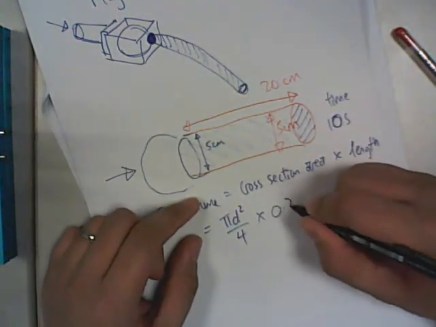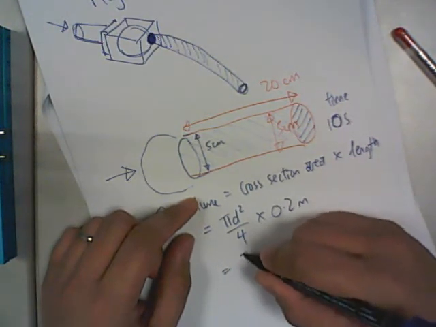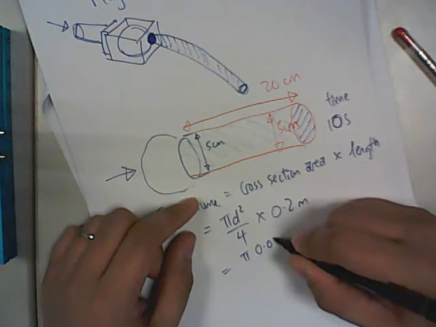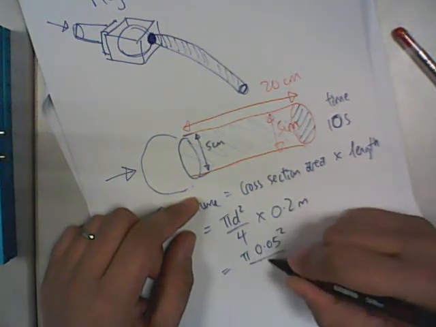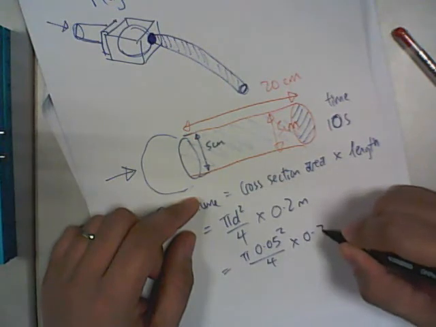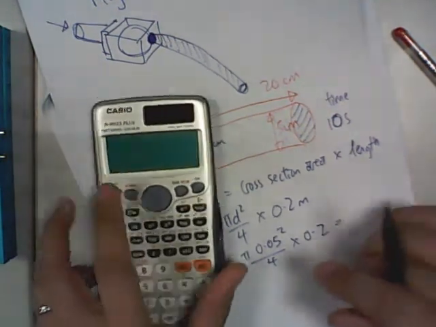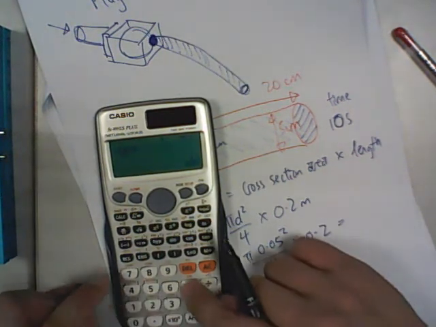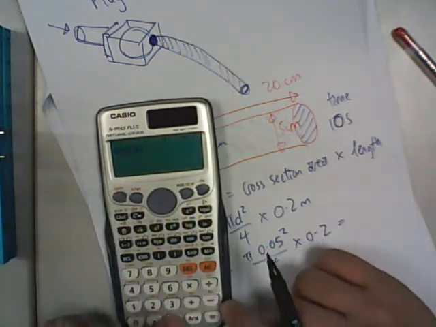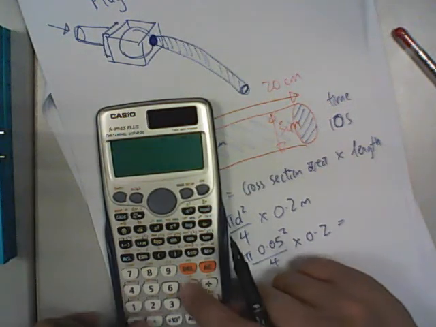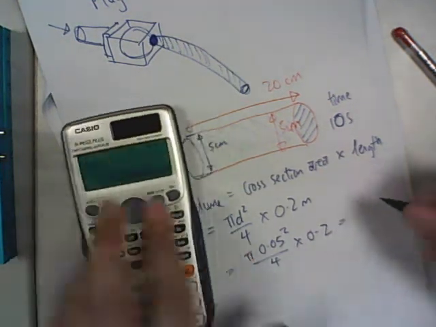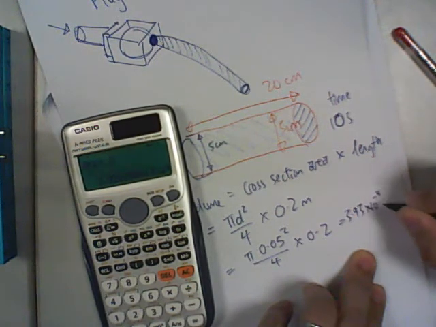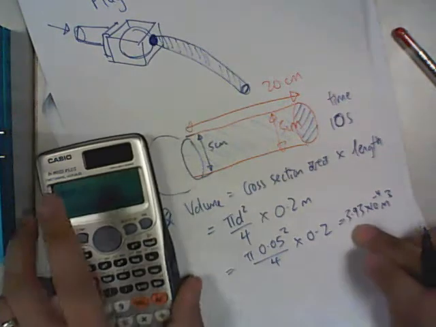So let's convert to meters. You get 0.2 meters. So pi d, you should use meters as well, becomes 0.05 meters square over 4 times 0.2. So the volume is 3.93 times 10 to the power minus 4 meter cube.